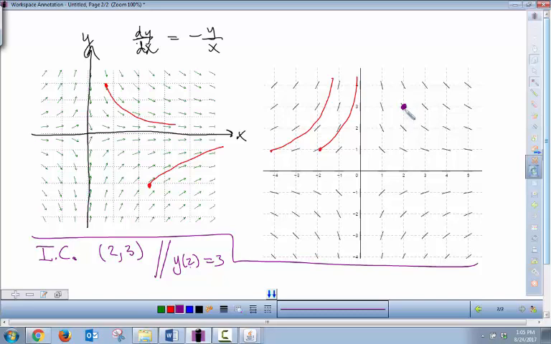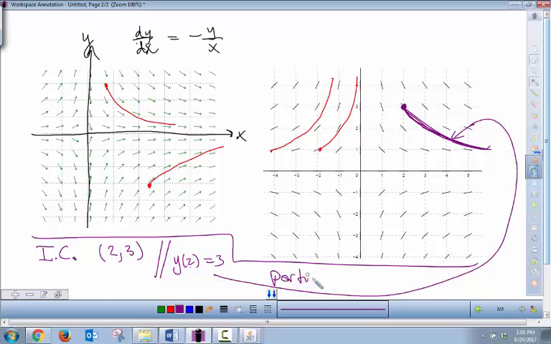And then from here I can draw out, and now I have this graph, and this graph is my particular solution to my IVP, initial value problem, where the differential equation is this and the initial condition is this.